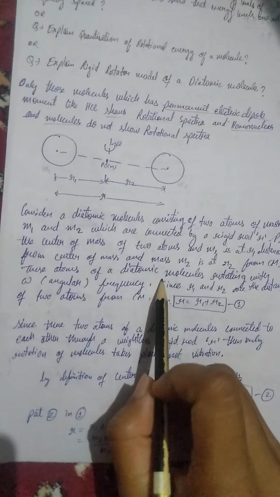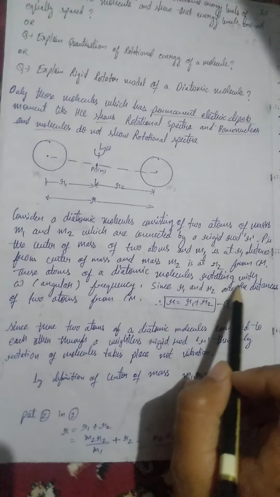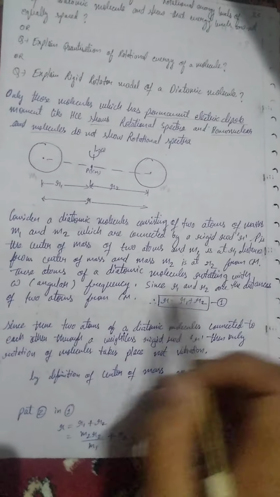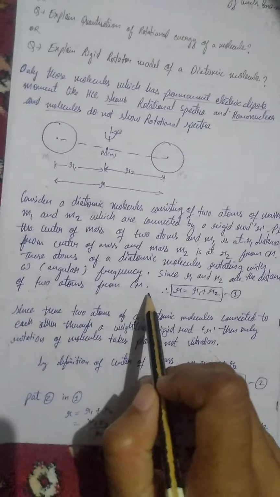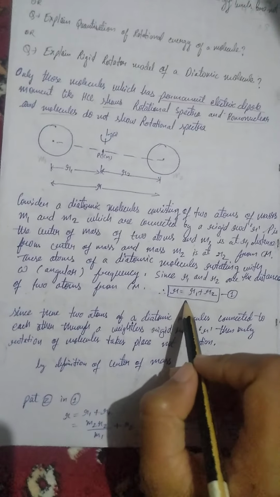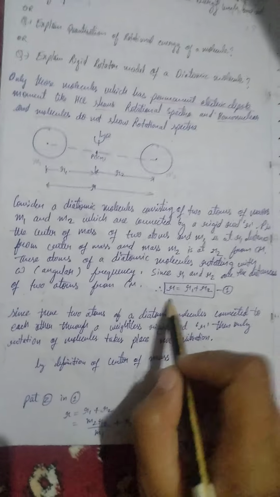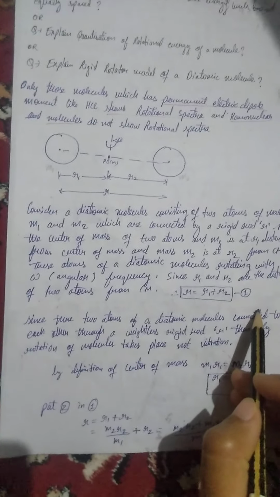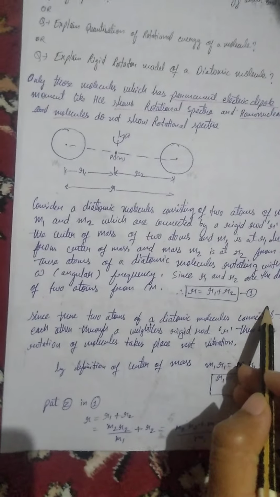These atoms of the diatomic molecule are rotating with angular frequency omega. Since r1 and r2 are the distances of the two atoms from the center of mass, by the definition of center of mass we can say r equals r1 plus r2. Mark this as equation 1.